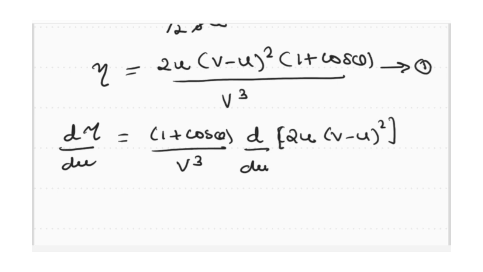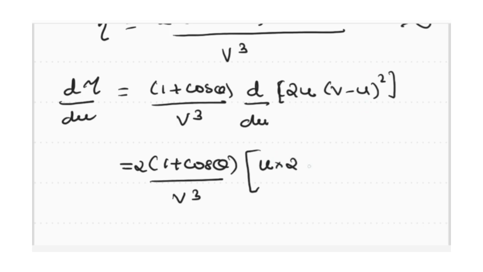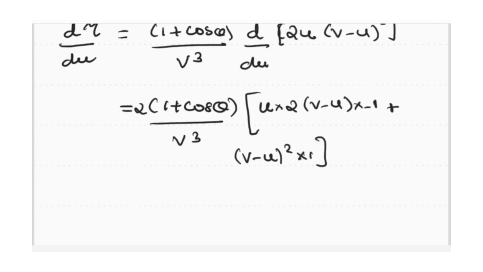If I differentiate, I should use the product rule. 2 is also constant, so u into the differentiation of (v minus u) whole square, which is 2 into (v minus u) into minus 1, plus (v minus u) whole square into the derivative of u, which is 1.